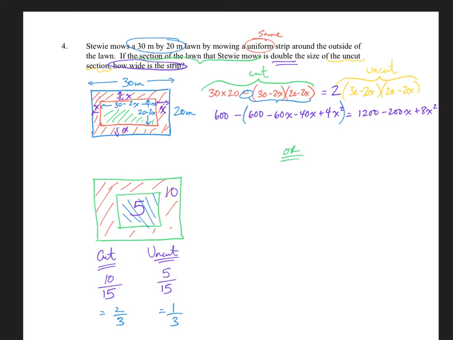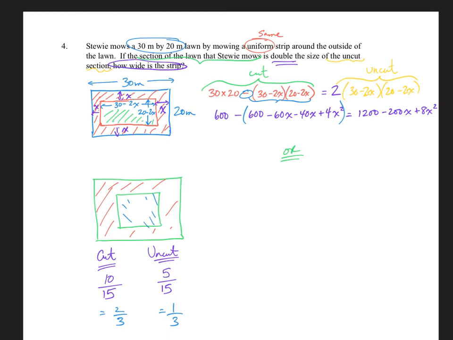Now, what I want you to do is take a look back at that green diagram and notice I could have gone straight to the blue at the very beginning. All I'm going to do is erase the 5, and erase that 10. And instead, I'm just going to use the easiest numbers to work with. Well, it says that the red is double the blue.